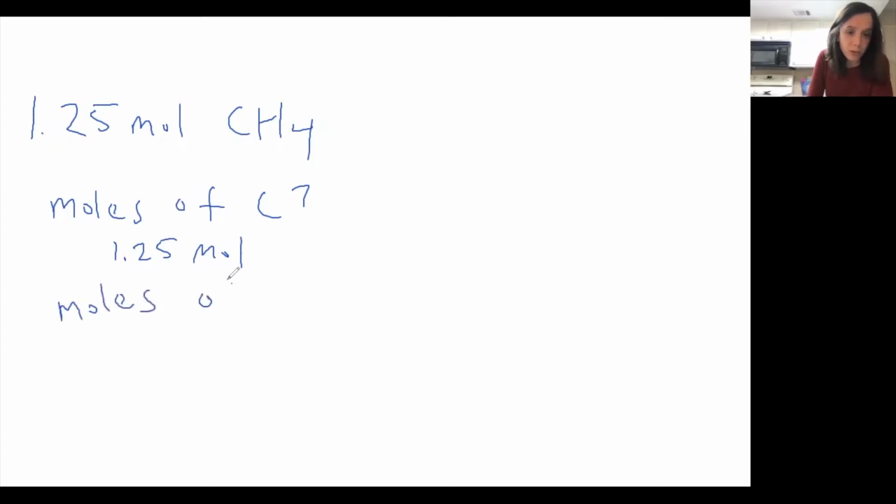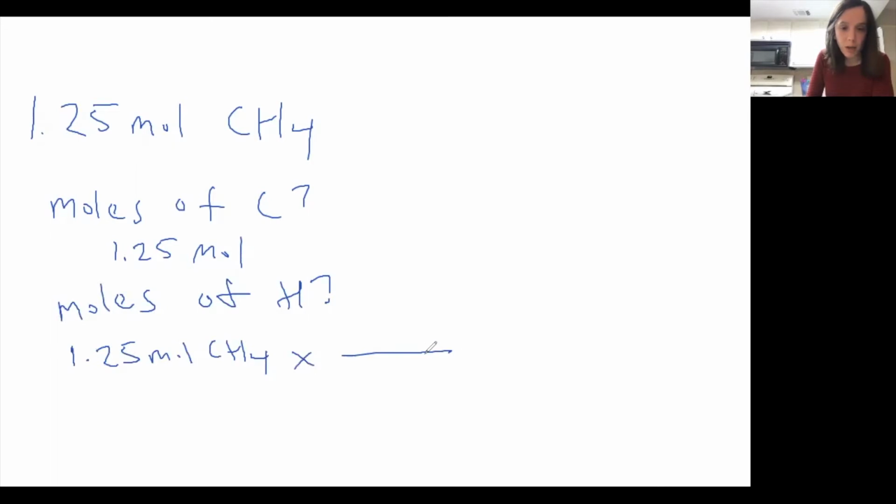And then for moles of H, well, we know that for every 1 mole of CH4, we have 4 moles of H. So our conversion would be 1.25 moles of CH4 times 4 moles of H over 1 mole of CH4.